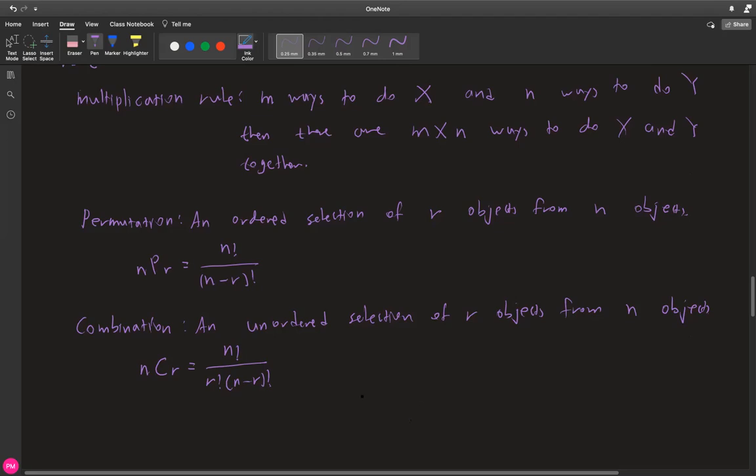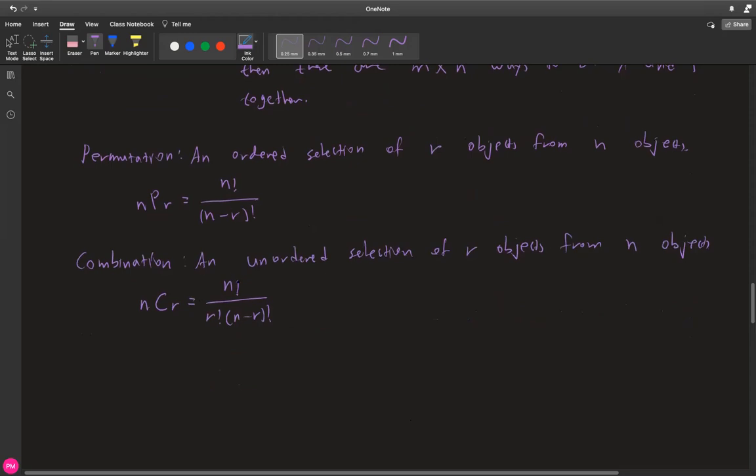So here, I guess the last thing I want to mention is that the factorial sign is called the factorial. n factorial is given by n multiplied by n minus 1 multiplied by n minus 2 multiplied all the way down to 2, 1.